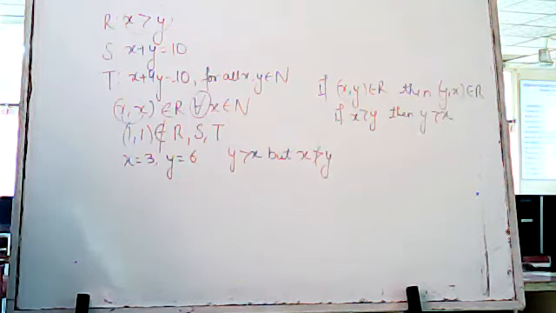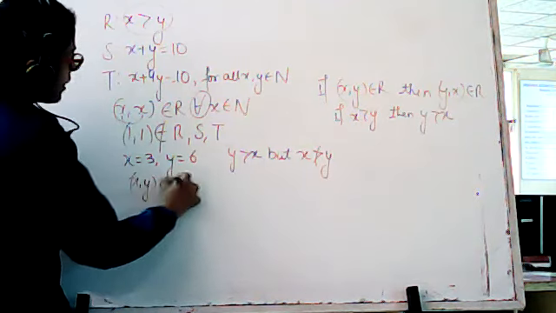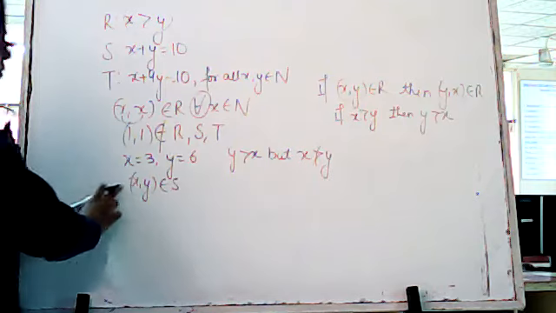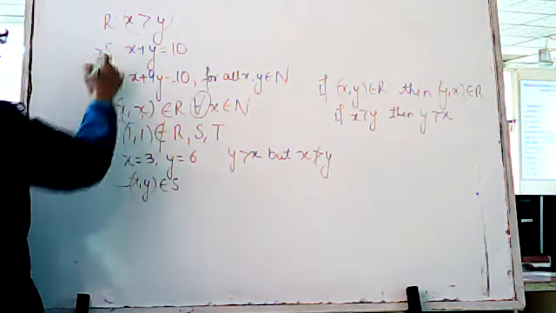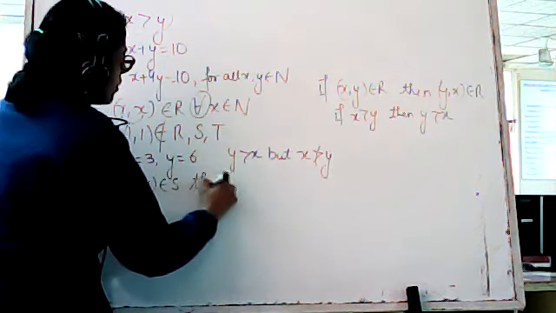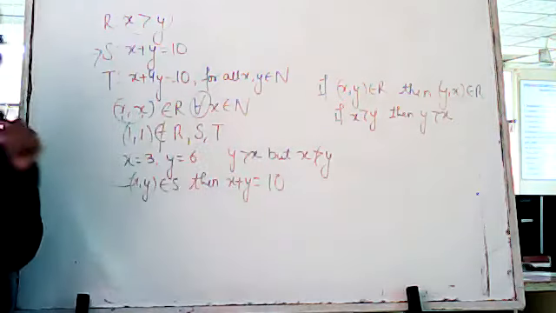Is S symmetric? Write ahead. If ordered pair (x, y) belongs to relation S, then according to S, the value of x plus y is equal to 10.